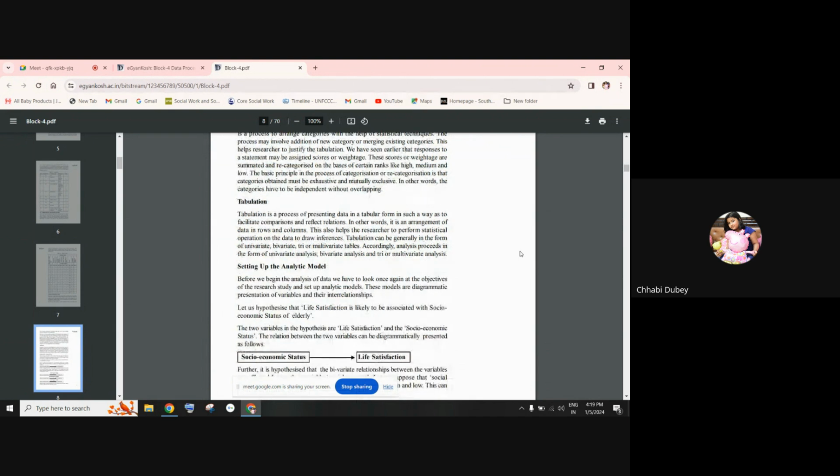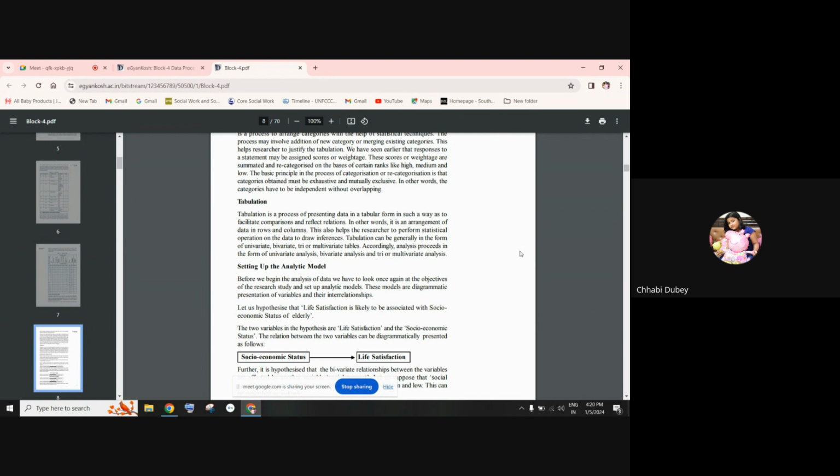Now, after this comes the setting up of the analytic model. This is basically when we begin the analysis of the data. As we have already seen, we have to look into the objective of the research study, and depending upon the objective of the research study, we will be setting up the analytic models.